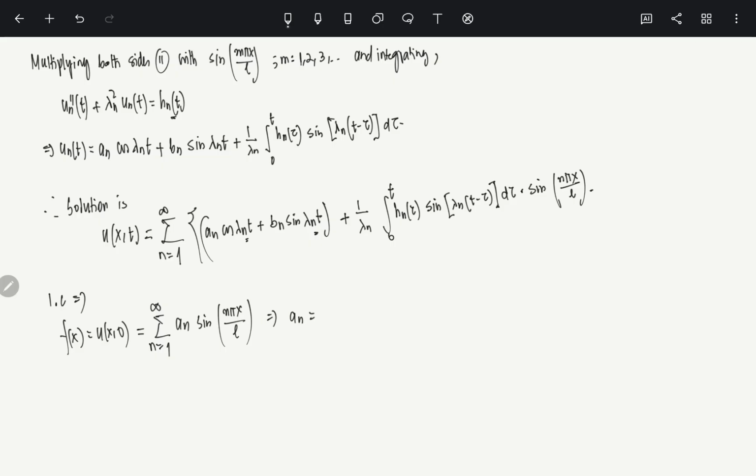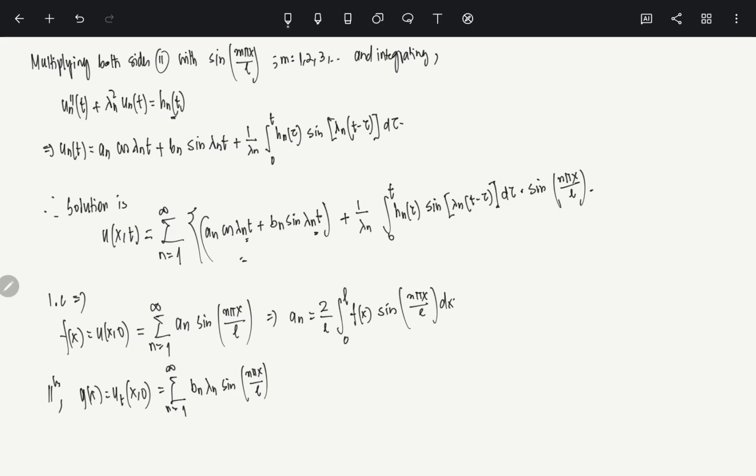The an are Fourier sine series coefficients: an is 2 by L, integral 0 to L, f of x sine of n pi x by L dx. Is it okay? And similarly, if you look at ut, g of x is ut of x,0, which is the summation n equals 1 to infinity of bn lambda n sine of n pi x by L, right?